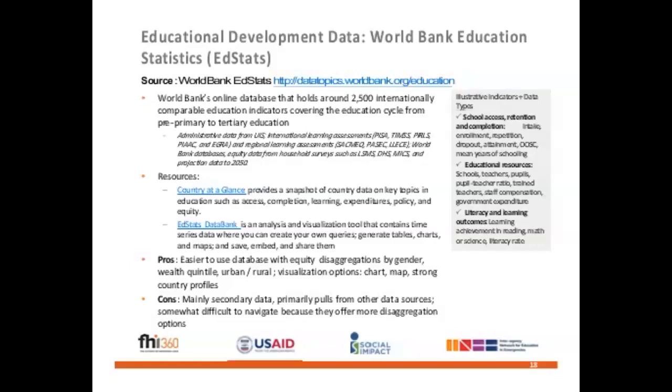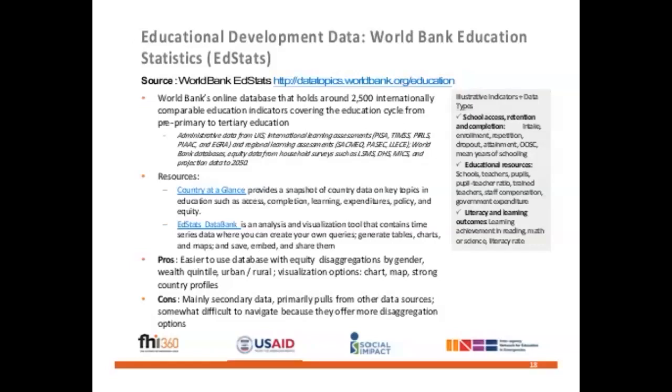EdStats also has a data bank, which is extremely useful for interacting with data. It's an analysis and visualization tool that allows users to create their own queries and then overlay them on different visuals, including maps. And we'll be doing an activity on that momentarily.